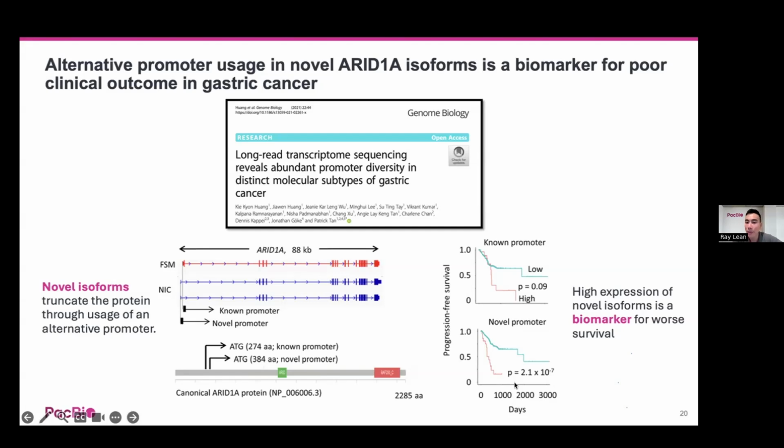By having this technology, pharma companies can also look into this biomarker to see whether they can develop a drug to target this isoform, so that it can help to prolong the life of the patient. So I think this study just shows that, because of using long read sequencing, they are able to see new isoforms that can predict the prognosis of a patient.